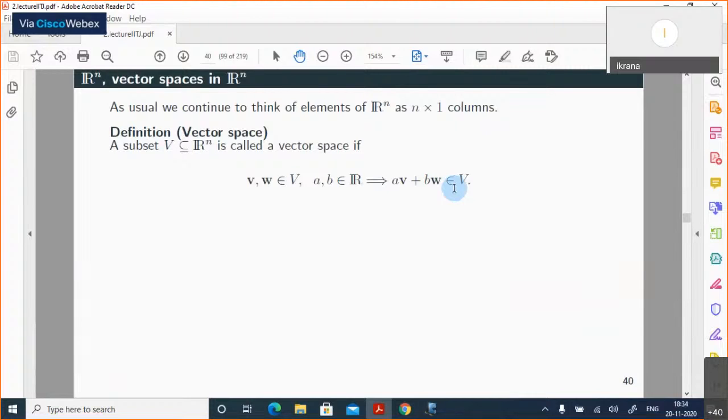If you find your previous knowledge is obstructing you from calling it a vector space, you can call it a vector subspace of Rn. That helps you. So we define what a vector space is.